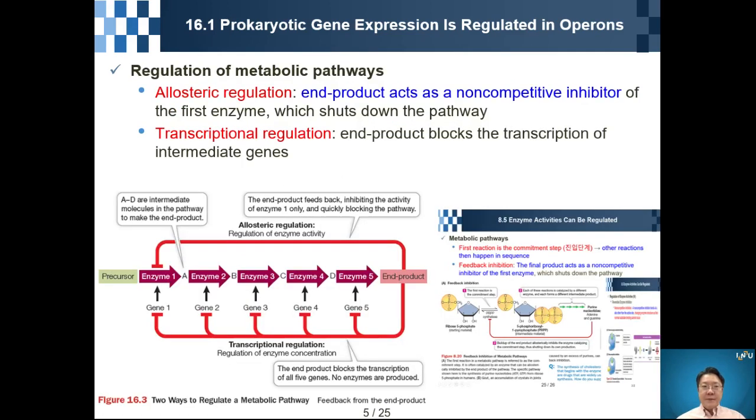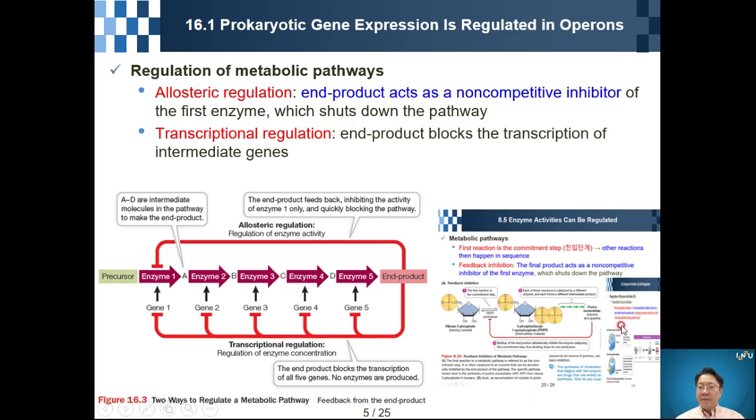In this slide we will learn the regulation of metabolic pathways. Previously we learned what a metabolic pathway is: the first reaction is the commitment step, followed by other reactions that happen in sequence. At that time we learned feedback inhibition.